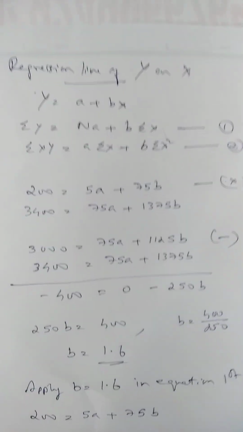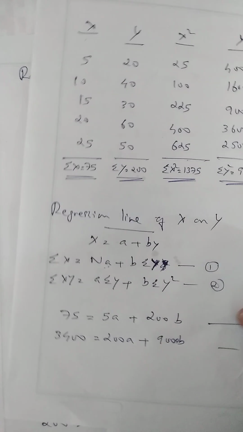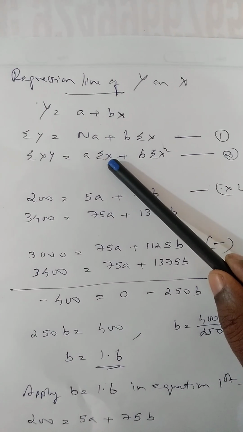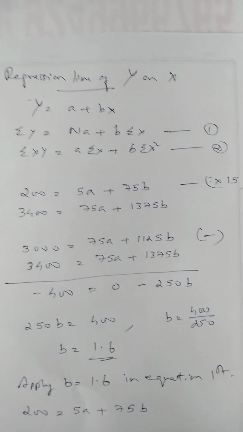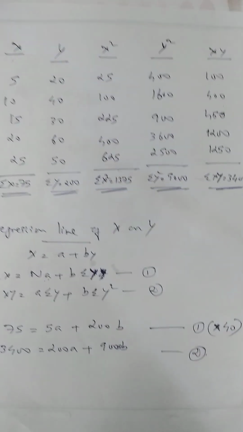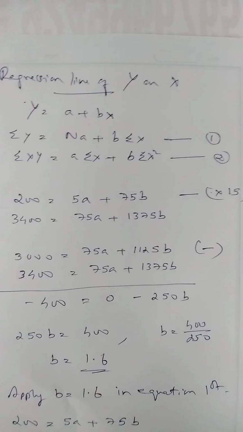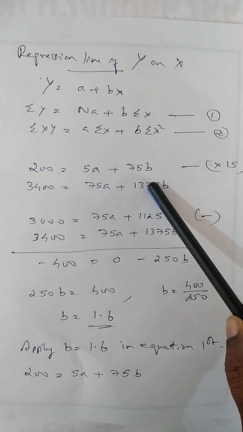Similarly, sigma xy from the table is 3400, then sigma x which is 75, so 75a, and sigma x squared is 1375, so it is written here as 1375b. So two equations are here.